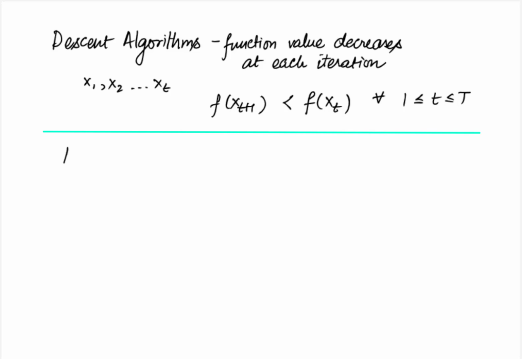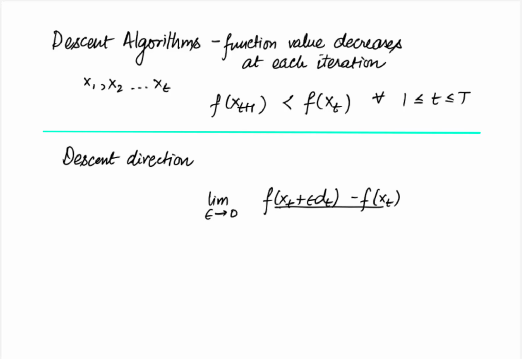To see the property in more detail, consider also the idea of descent direction. We say that the direction dt is a descent direction if it satisfies limit epsilon tends to 0, f of xt plus epsilon dt minus f of xt divided by epsilon. This whole quantity is less than 0. We say that dt is a descent direction if by moving in that direction by a minuscule amount, the function value decreases.